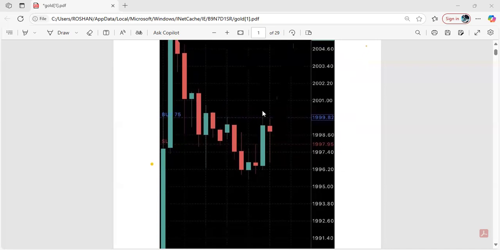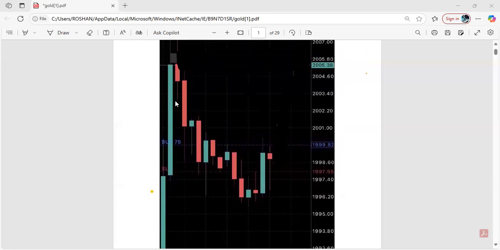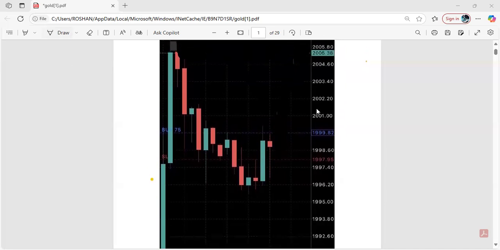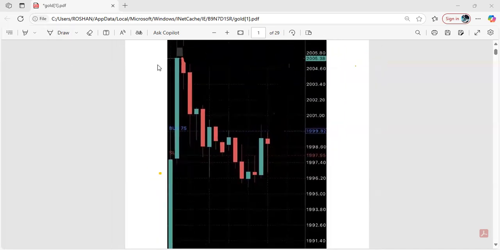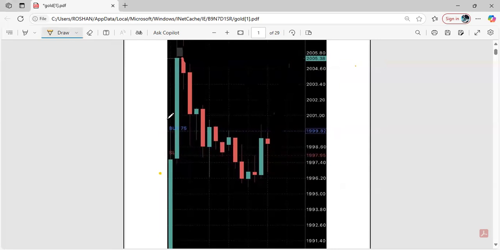So this is the first trade that Raza took. Let me explain it on the very basics. If you look here, what you can see is a resistance formed after moving this much.